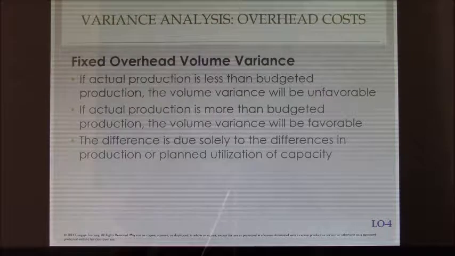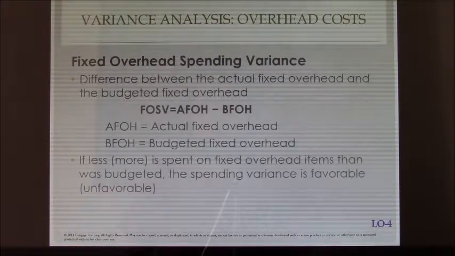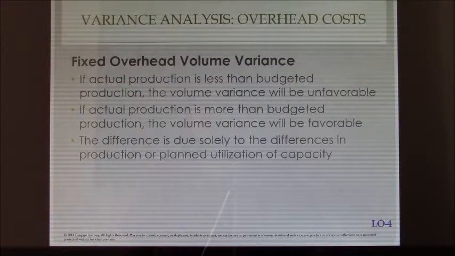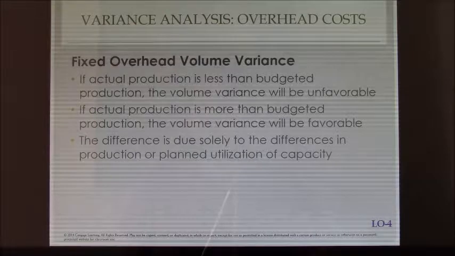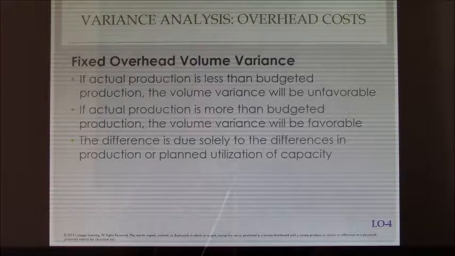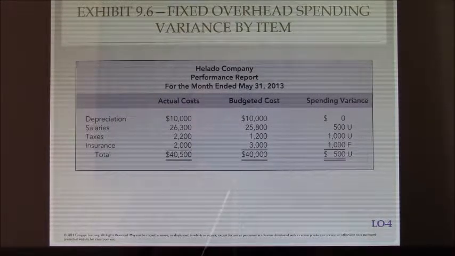It's pretty simple. Well, the reason fixed is simple is, well, it's fixed, right? You don't really multiply things times the units. So you just look and see if it's more or less, and that'll tell you if it's favorable or unfavorable. And so there you go.